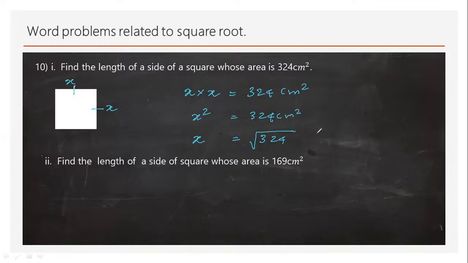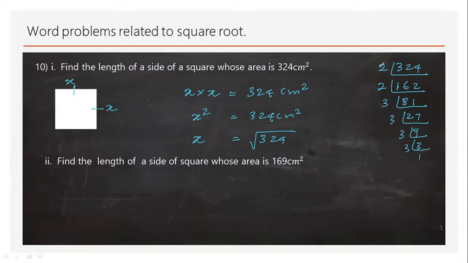Right. So how can we find this square root of 324? You can follow the prime factorization method as rough work. 324 divided by the smallest prime number 2, 162. 162 divided by 2, 81. 81 divided by the smallest prime number 3, 27. 27 divided by 3, 9, again by 3, 3, again by 3, 1.